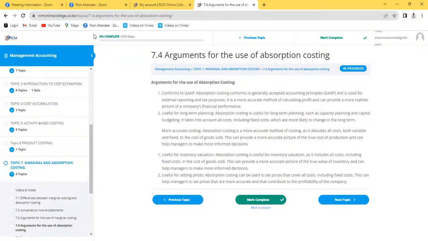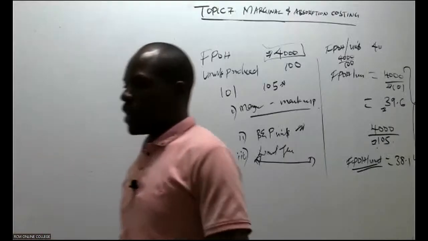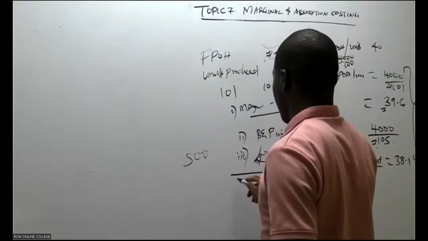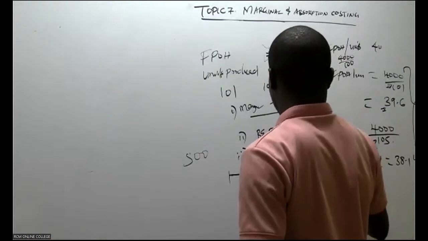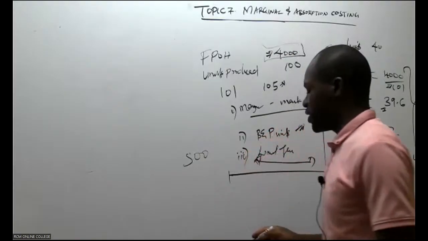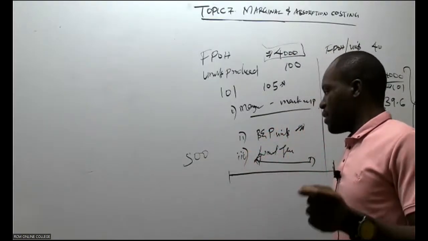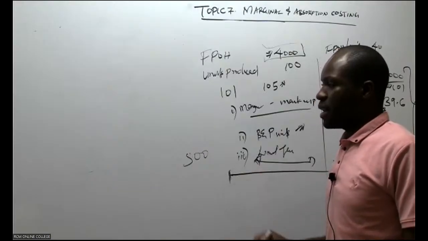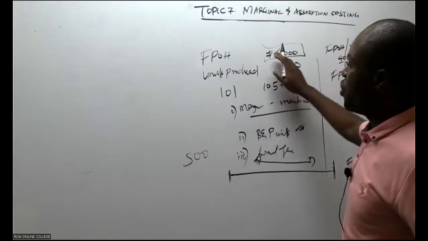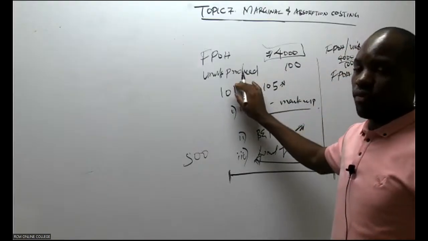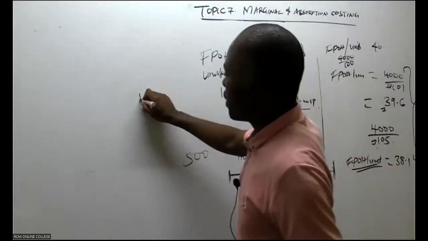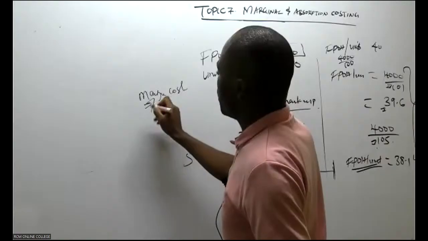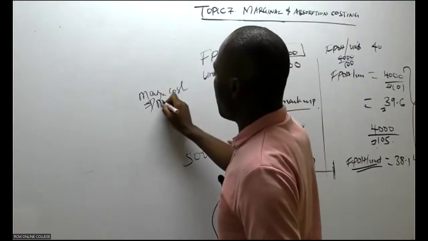Automatically, it confirms to us that those companies that are publishing their financial statements, a manufacturing company or a company offering service and they are doing costing, they don't use marginal. The marginal costing system is used basically by management.